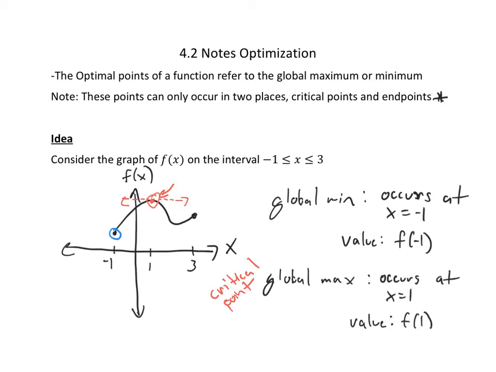So the global maximum occurs at a critical point. The global minimum, however, this point here, occurs at what we call an endpoint, which would be either the greatest or smallest possible values that we can input into our function.